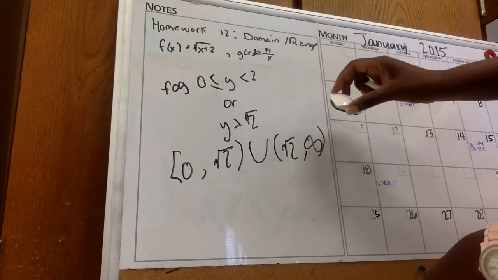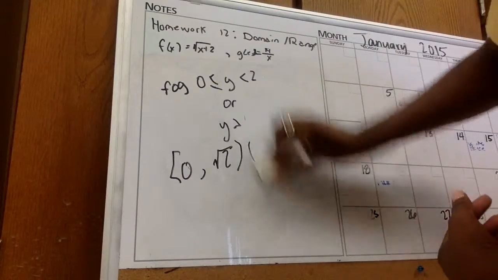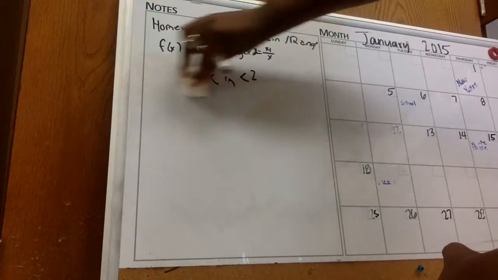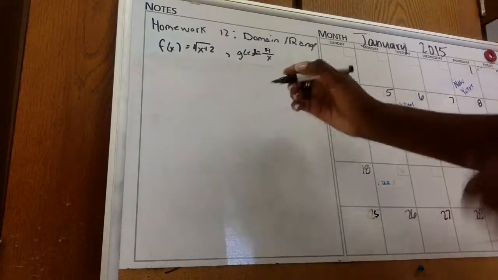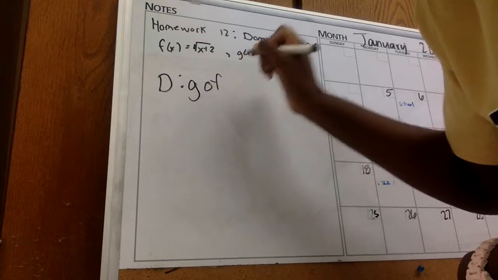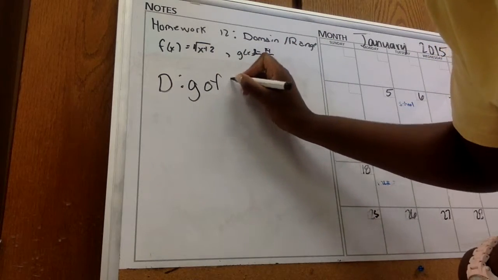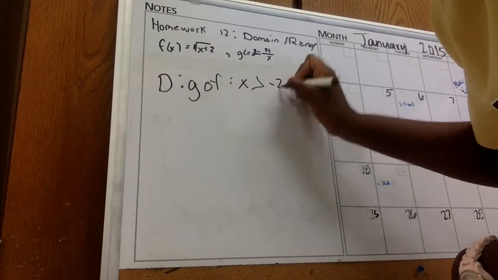So now we're going to find out what the range is for g of f. Earlier we found that the domain for g of f was simply x is greater than -2.